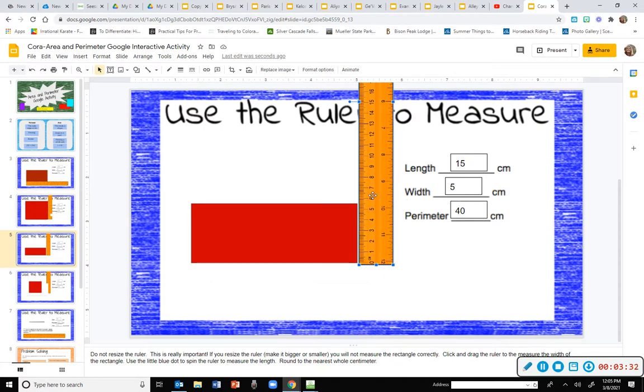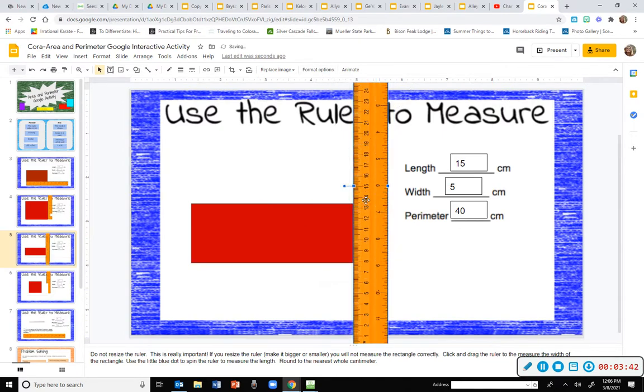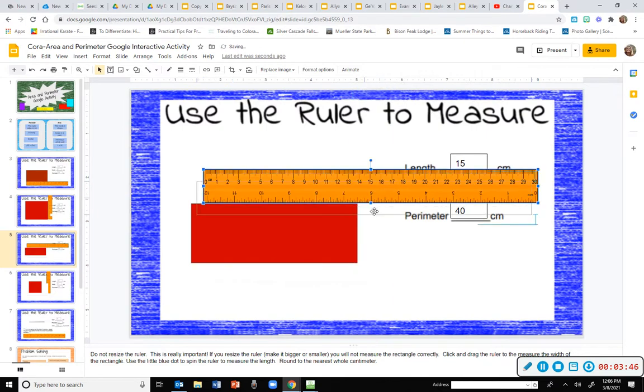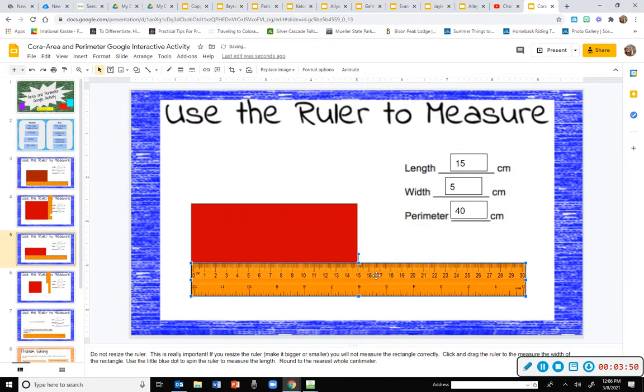So now we're gonna rotate the ruler back. Move this down first. And that is about 15.